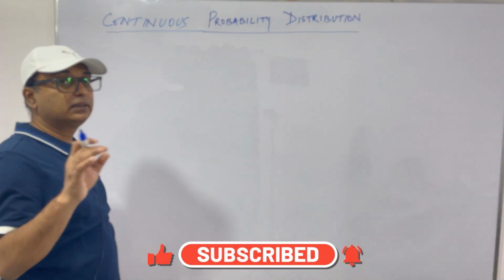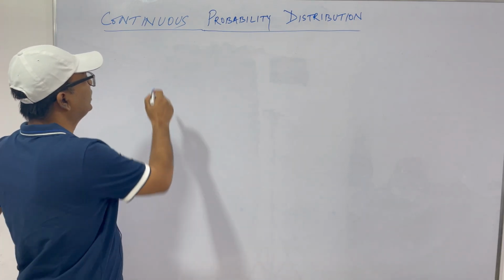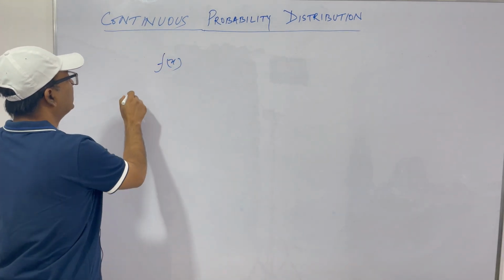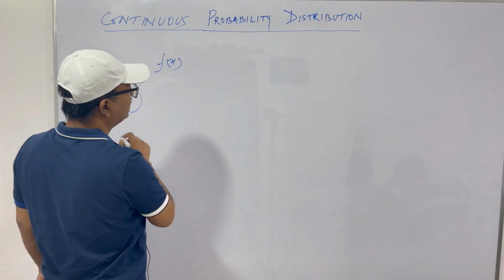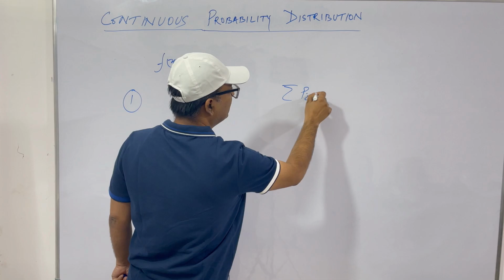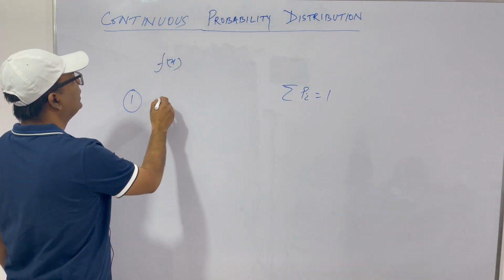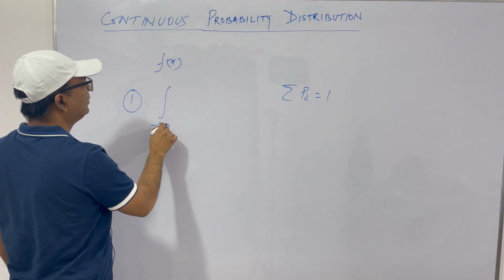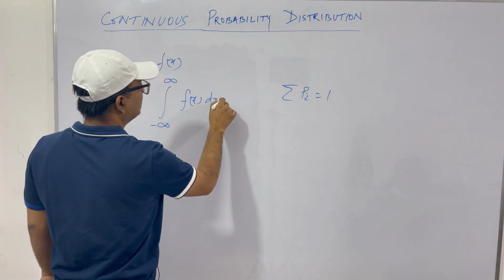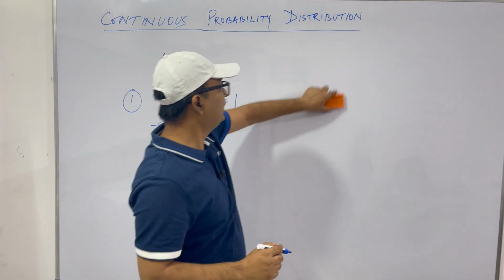We had seen the properties of discrete probability distribution. Now we see the properties of f(x), the probability density function. The first property: there we had sigma p_i equal to 1, i equal to 1 to n. Here we have the integral from minus infinity to infinity of f(x) dx equal to 1. What is the meaning of this?